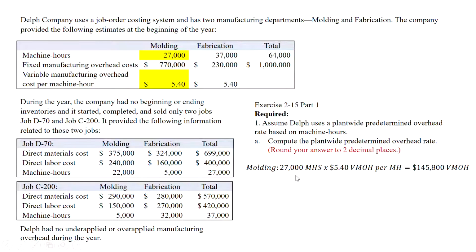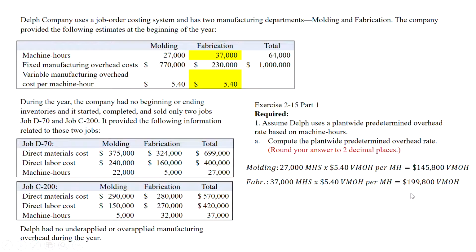Again, these are all estimates. So 27,000 estimated machine hours times an estimate of $5.40 variable manufacturing overhead per machine hour gives us an estimated variable manufacturing overhead dollars of $145,800 for molding.